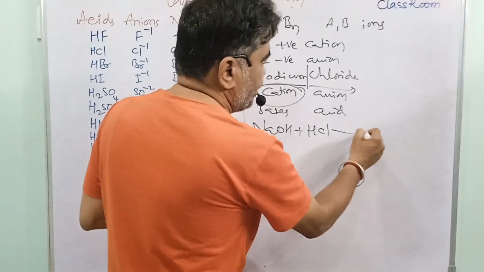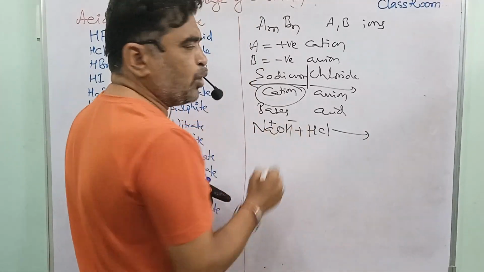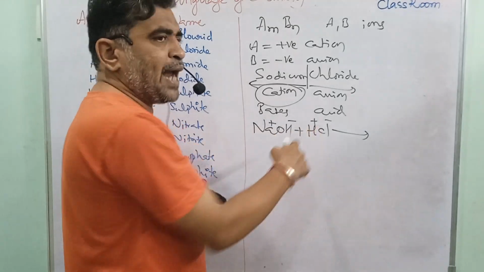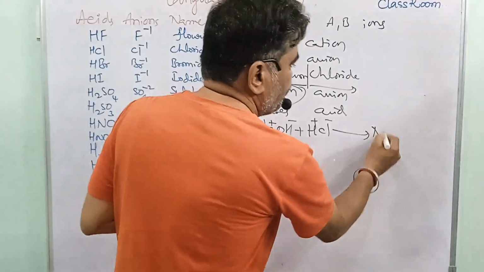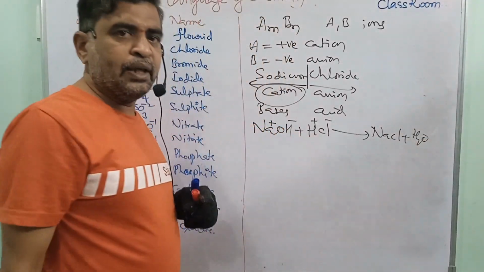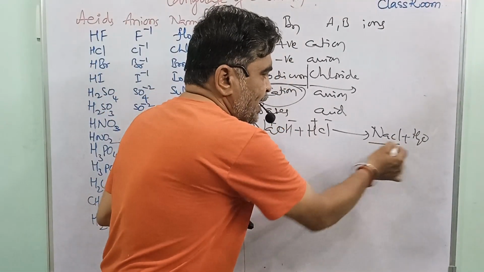What you are forming is Na plus and OH minus ions, H plus and Cl minus ions. Na plus reacts with Cl minus, and what you form is NaCl plus H2O. That means sodium chloride is formed.